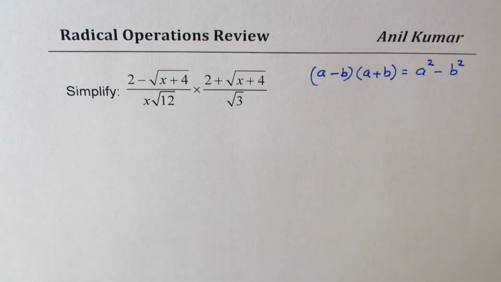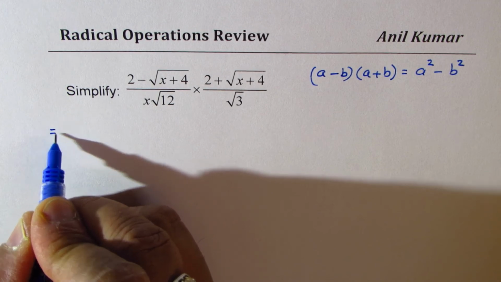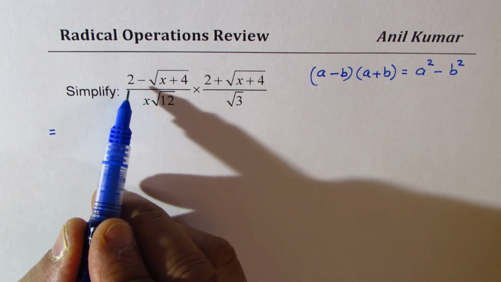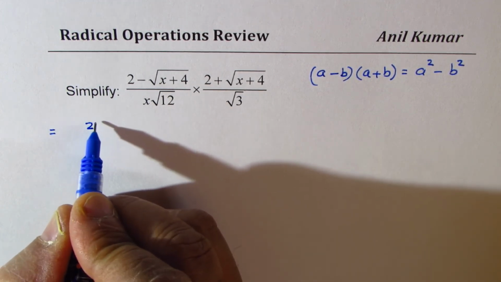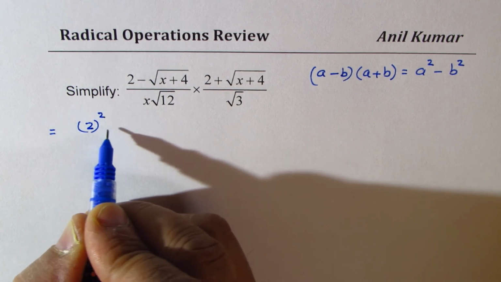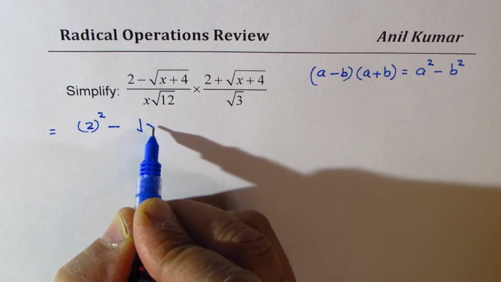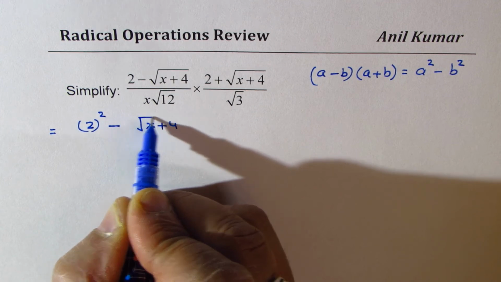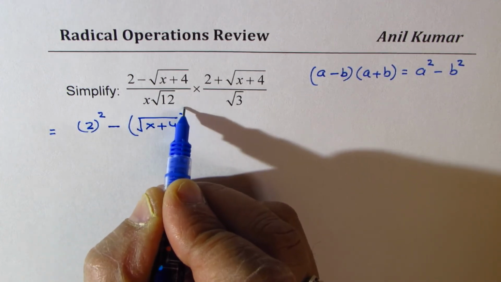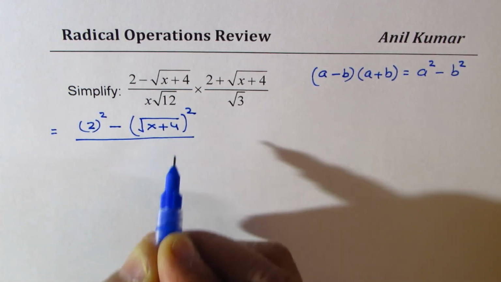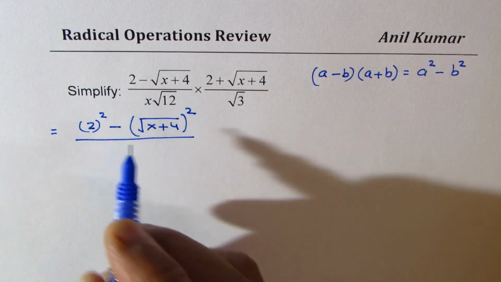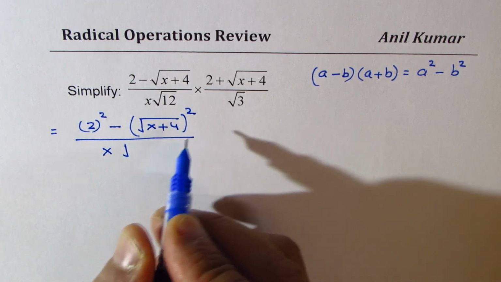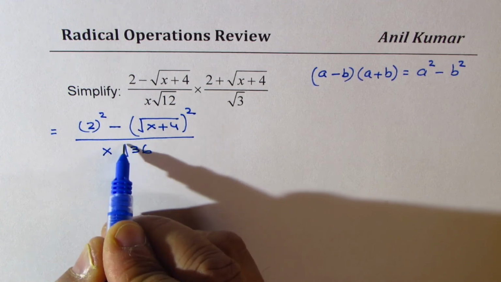That is difference of squares. So we could write this expression as a for us is 2, right? So we get 2 square minus square root of x plus 4 square in the numerator, and in the denominator we get product of these two, which is x square root of 36.